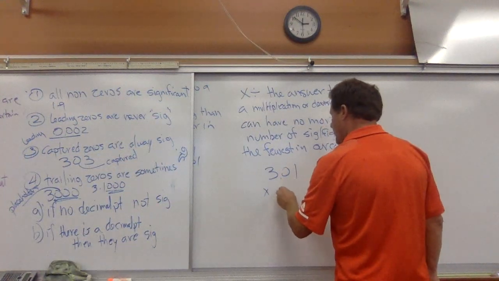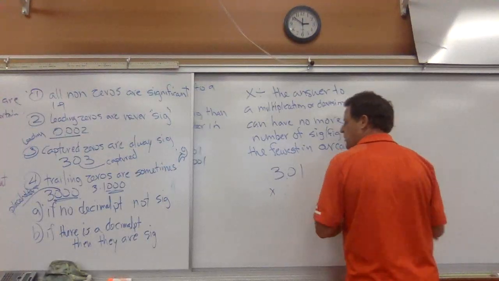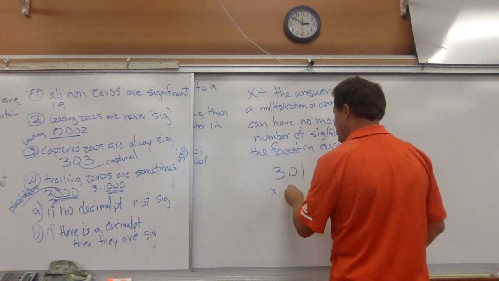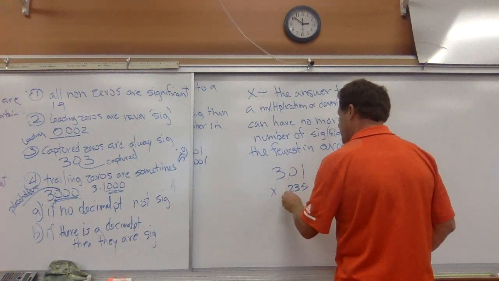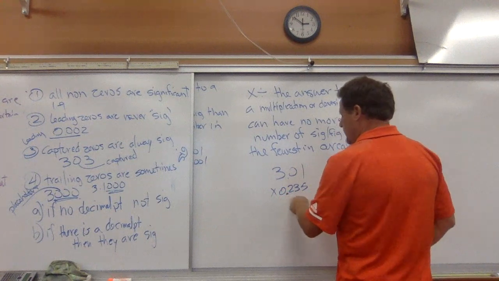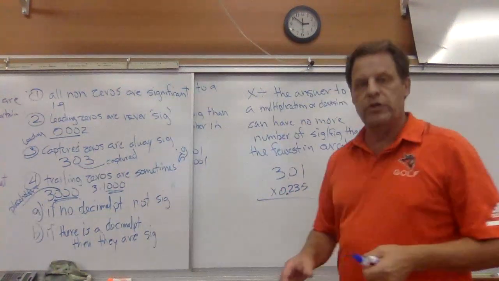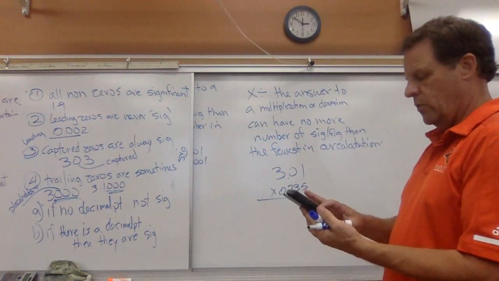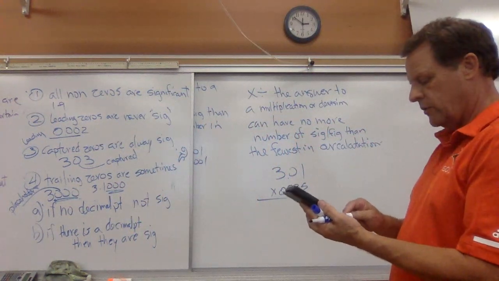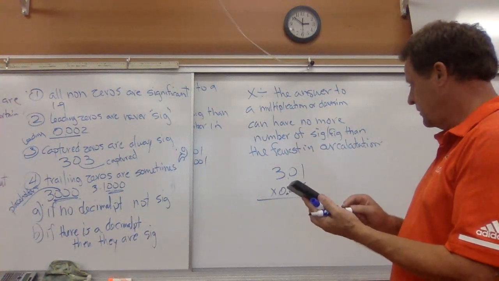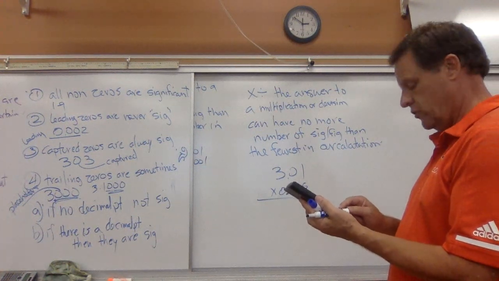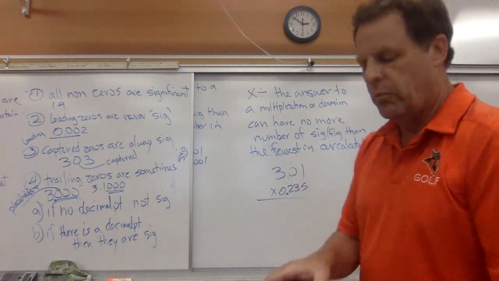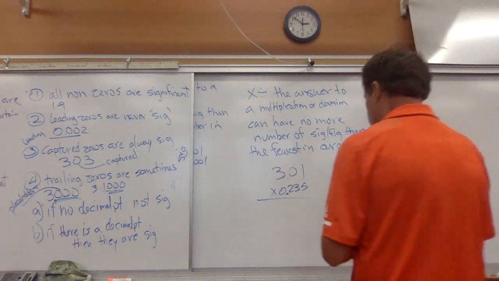Now if we do the math there, we're going to say 3.01 times 0.235, and our answer is going to be 0.70735.